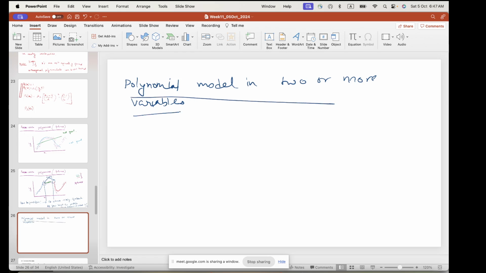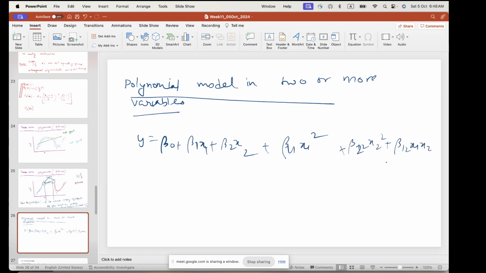As I was telling initially, if we have cross product terms, let's say something like this: beta 1 x1 plus beta 2 x2 plus beta 11 x1 squared plus beta 22 x2 squared plus beta 12 x1 x2.